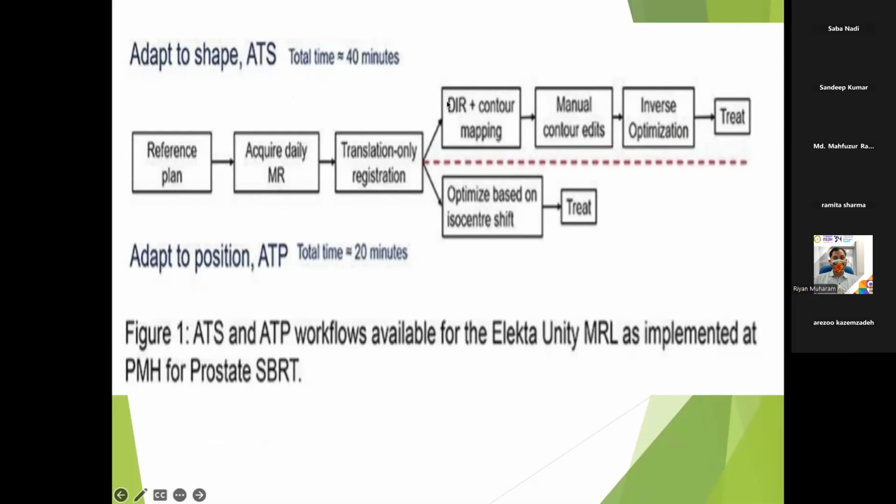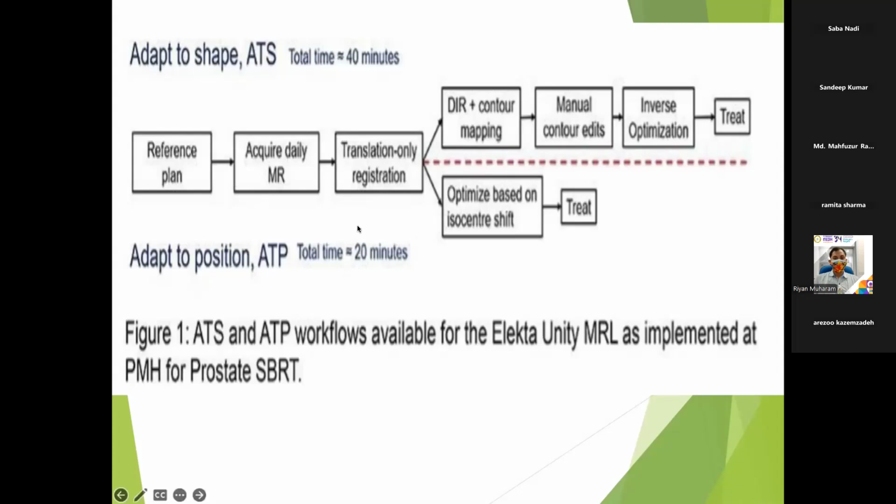But once we go to adapt to shape, we have to do deformable image registration plus contour mapping, then manual contour edits, then inverse optimization, and then finally we are ready for the execution of the treatment.